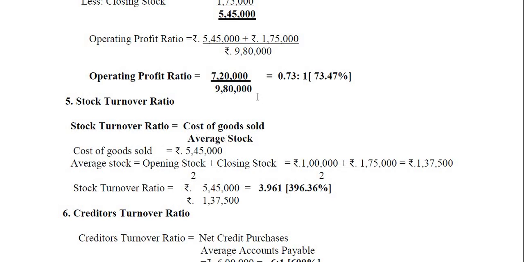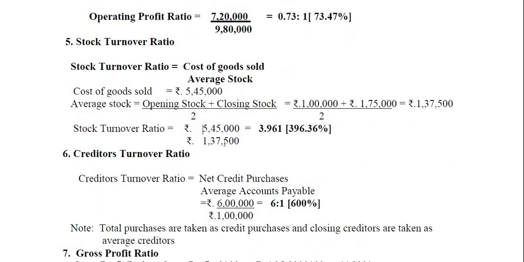So cost of goods sold already you have calculated, 5,45,000. It's here. Average stock is equal to opening stock plus closing stock divided by 2. So if you apply the information, you will get 1,37,500. 5,45,000 divided by 1,37,500, you will get 3.96 or 396%.